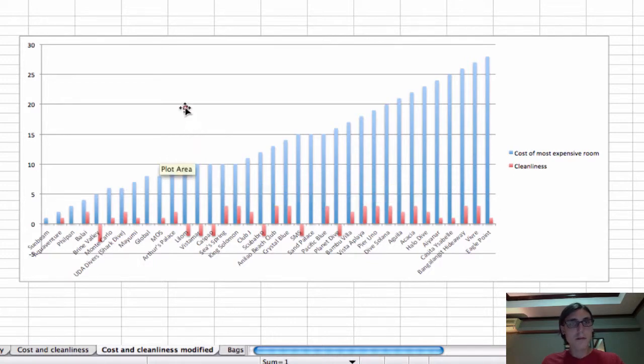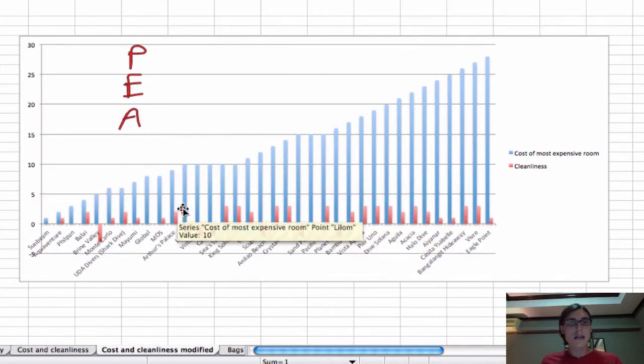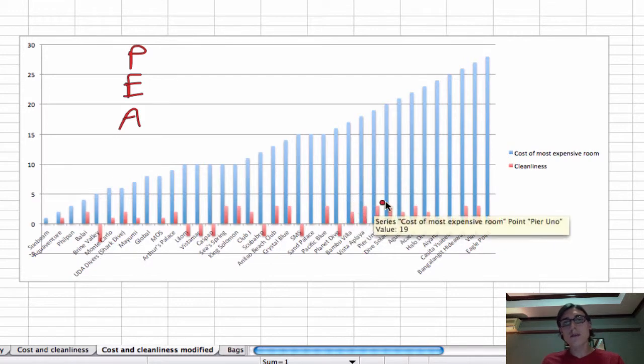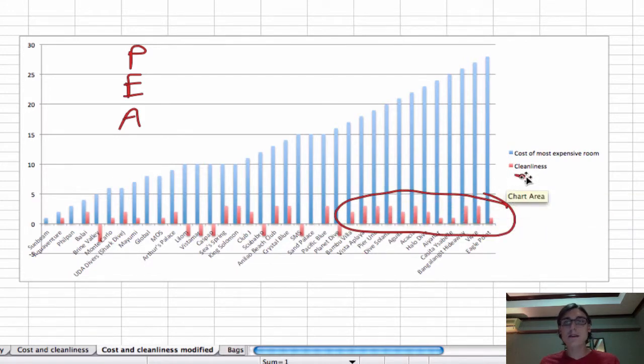If you can remember from the last video, once you get this information, the best way to write your analysis for the data that you've presented, I put this in my paper, remember, is the PEA approach: patterns, examples, and anomalies. The overall pattern is for the more expensive resorts, you can see here, to have a higher bipolar survey, and that makes sense because they're going to end up being the cleaner resorts.